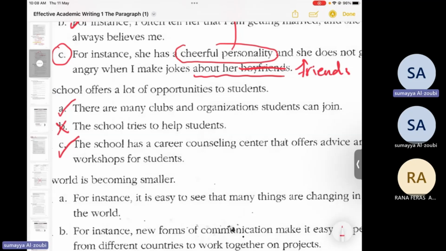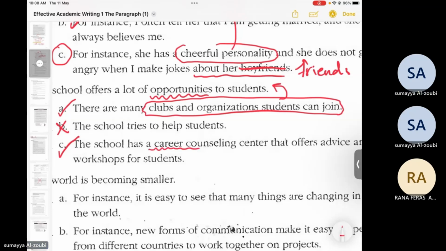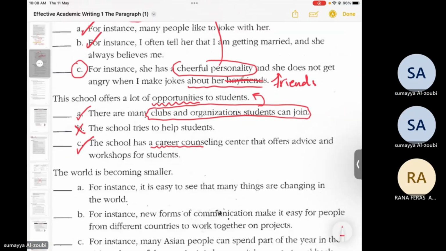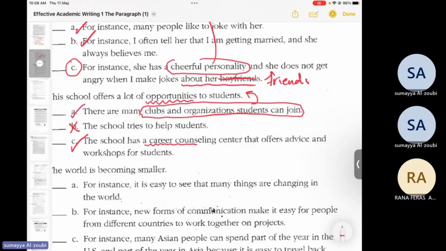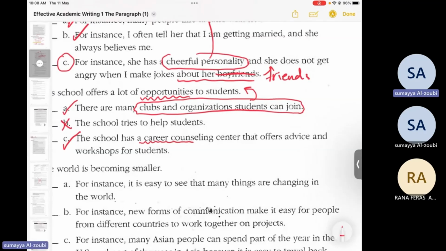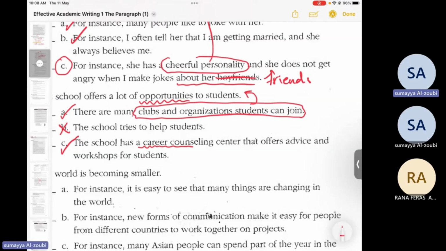Read them for us. There are many clubs and organizations a student can join. Wonderful. Look here. Clubs and organizations, which is detailed extra information for what you mean by having a lot of opportunities here. And in C, we have counseling, advice, workshops for students. Wonderful. Like, what's the problem with B? Wonderful. The school tries to help students. What do you mean by that?